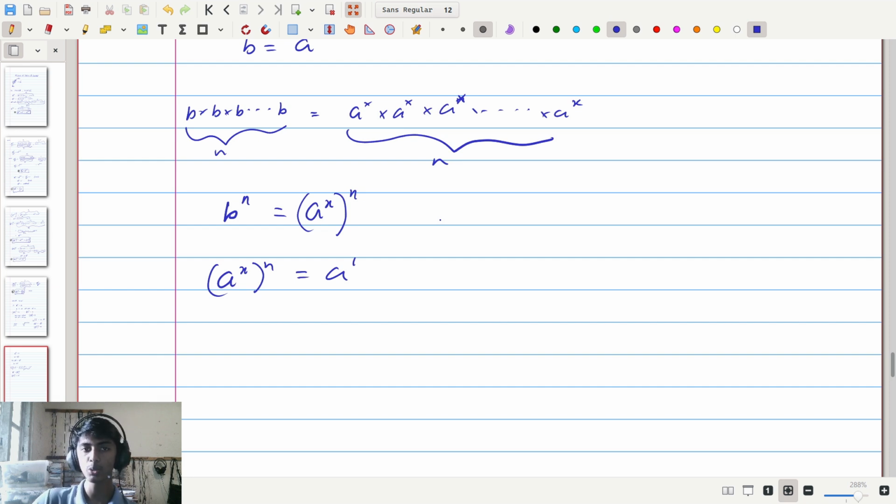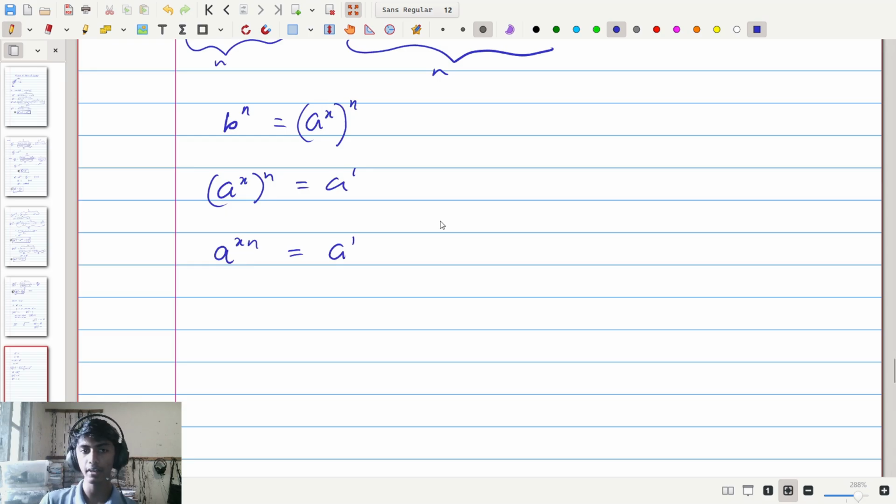Now, using our previously found knowledge of index rules, we can write a to the x whole thing to the power of n as simply a to the power of xn. So therefore, a to the power of xn is equal to a to the 1. If the left hand and right hand are equal, we can see that xn must be equal to 1, which means that x is equal to 1 divided by n.